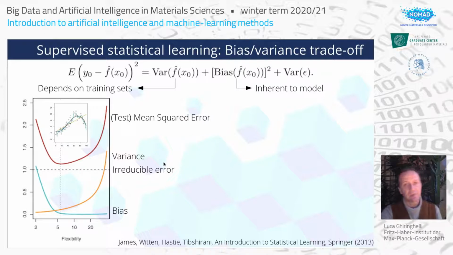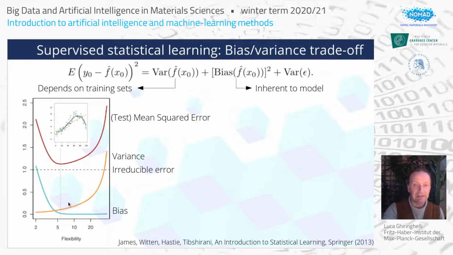So if we analyze what happens, the bias by construction goes down with the flexibility. When there is more flexibility, this term goes down because there are more possibilities for the model to adapt to the data.